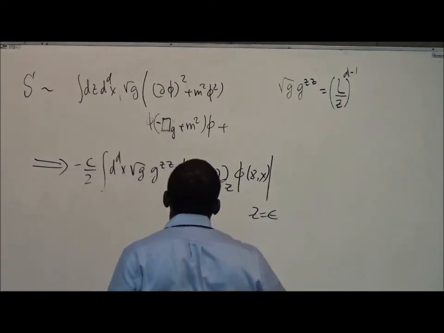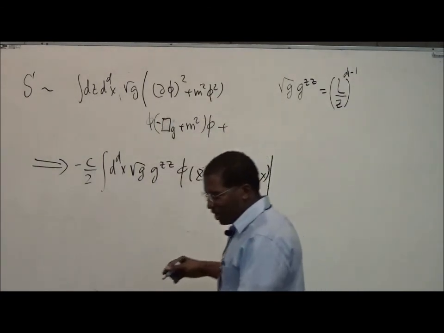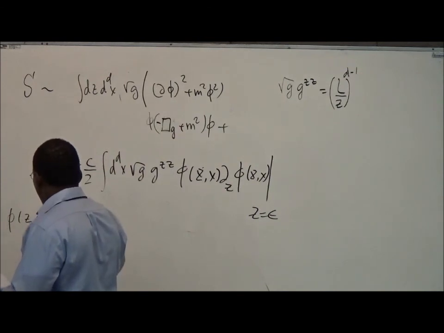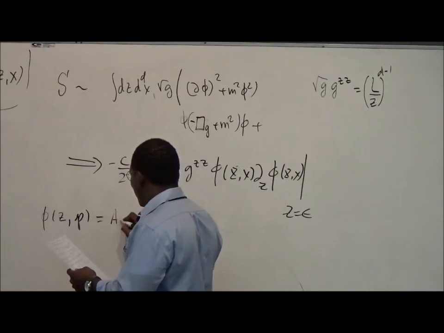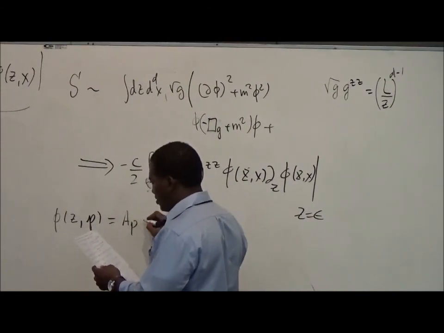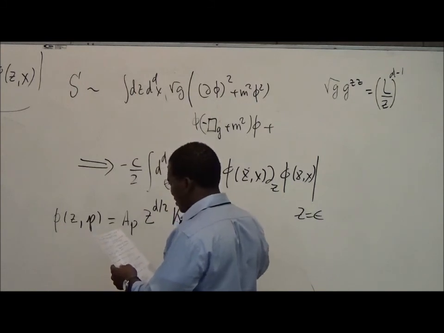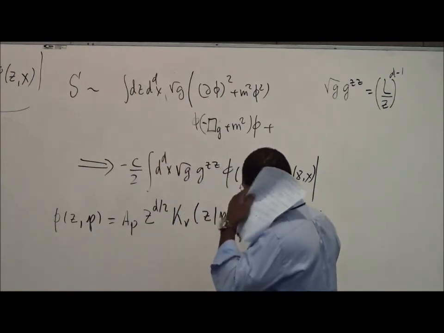Now I just have to put the solutions of the equation of motion here. Let me write the solutions. I'm using z and p, because I did a Fourier transform. There will be some function here, z to the d over 2, Bessel K of absolute value of p times z. This is, of course, the square root of p squared.